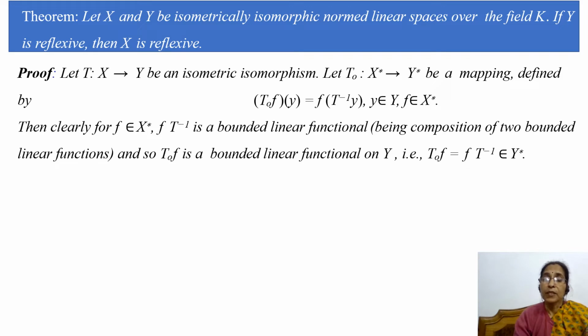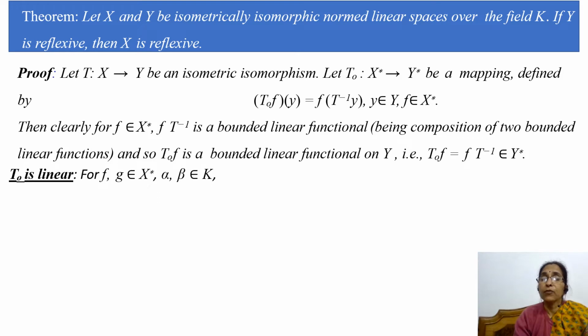Because here T inverse is a mapping from Y to X, and F is a mapping from X to K. So F composition T inverse is a mapping from Y to K, and so F composition T inverse is a bounded linear functional on Y. And so we have defined T naught as T naught image of F is equal to F of T inverse, which is a bounded linear functional on Y. So this mapping is well defined.